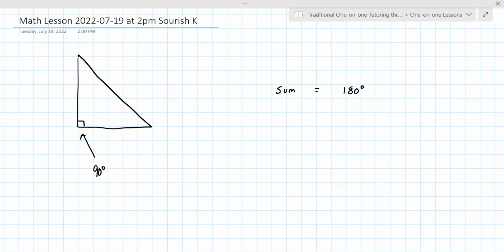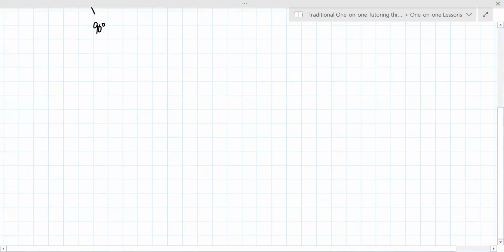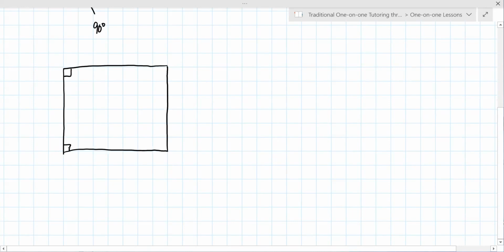Okay. So today, let's look at a square. This is a square. It has four 90-degree angles in it. This one's 90, this one's 90, and this one's 90.